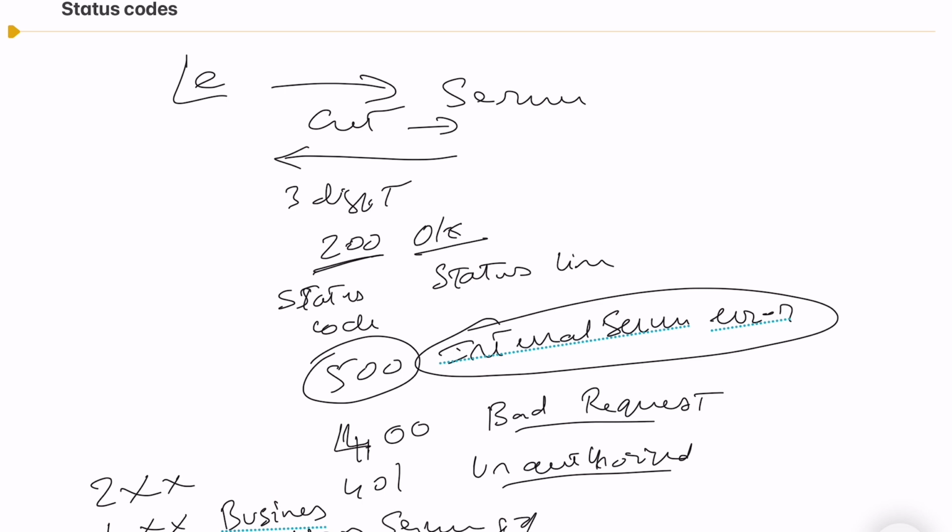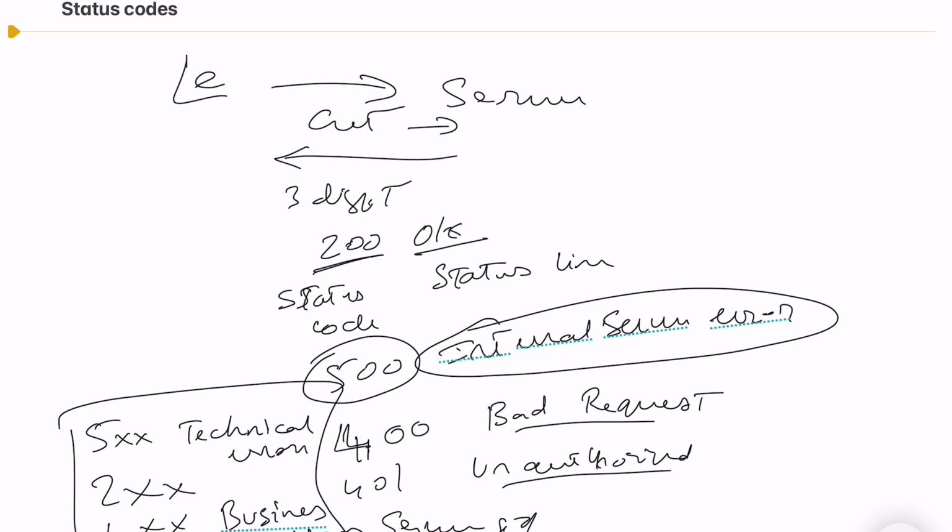I'll not write it over here. I'll write 5xx over here. These are technical errors. That means maybe server not reachable or service is not available, service down. Those are 5xx errors or status codes. So these status codes help you in troubleshooting and figuring out what is happening at the server side. This is important for you to know. This is the concept of status codes, and these precede.